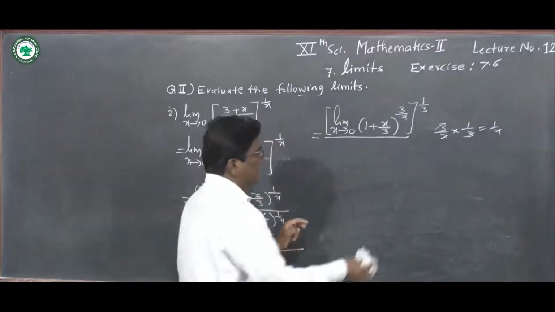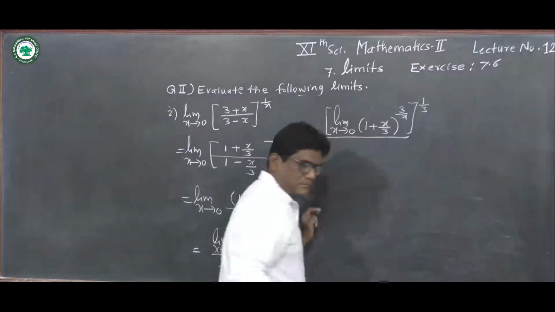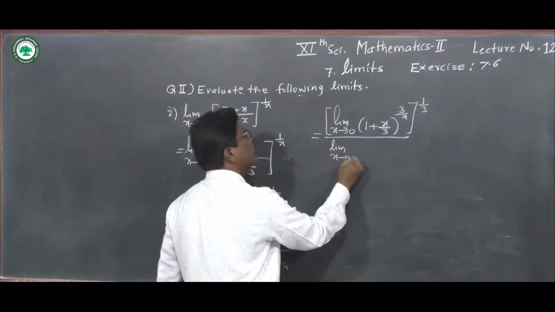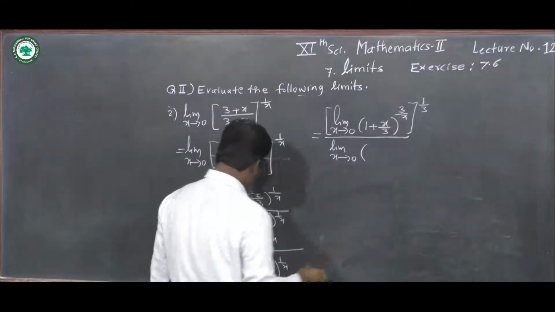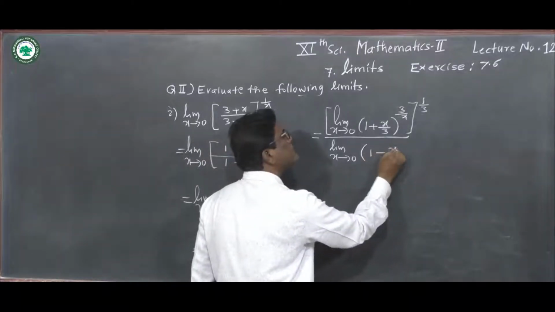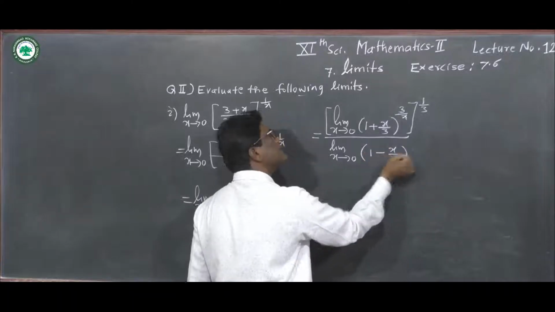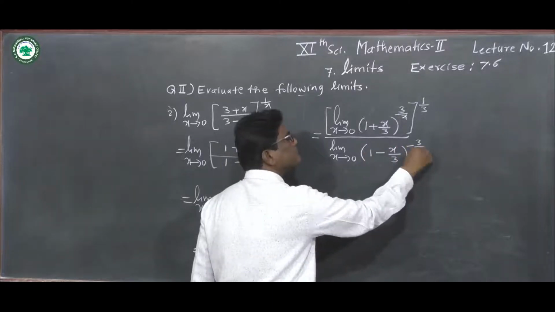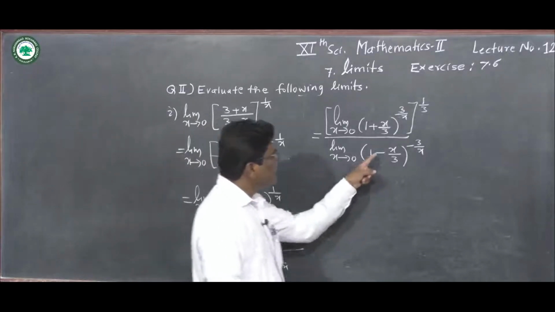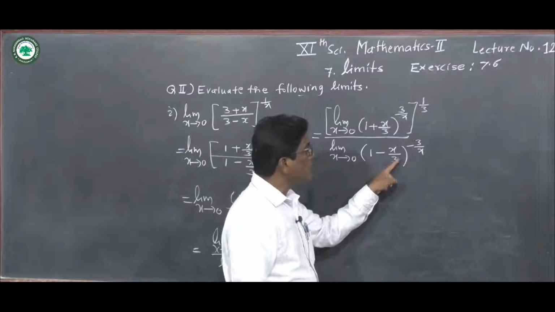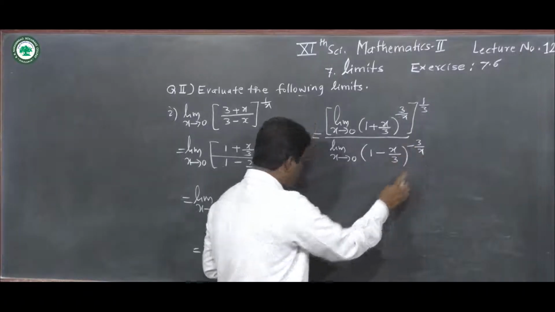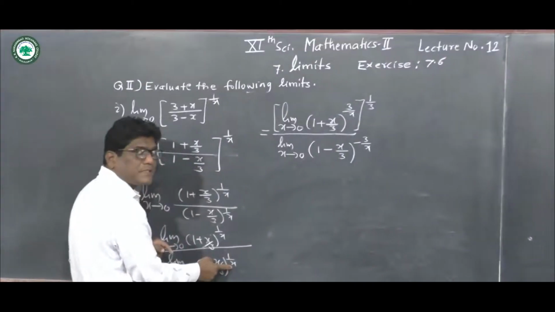Okay. Now in the denominator, limit as x tends to 0, in a round bracket, 1 minus x upon 3. Directly take its reciprocal, minus 3 upon x here, because we have to adjust the formula. Minus x upon 3's reciprocal is minus 3 upon x. Now out of this minus 3 upon x, here 1 upon x is present.